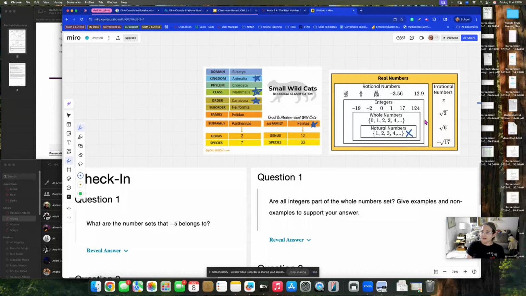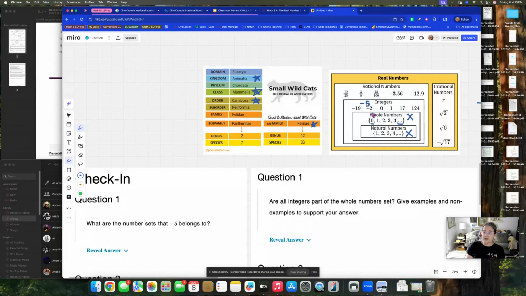It's not a whole number either, even though we think of it as being whole. It's not cut up, but whole numbers have to be positive. Those start at 0 and keep going to infinity. Is it an integer? Sure it is.